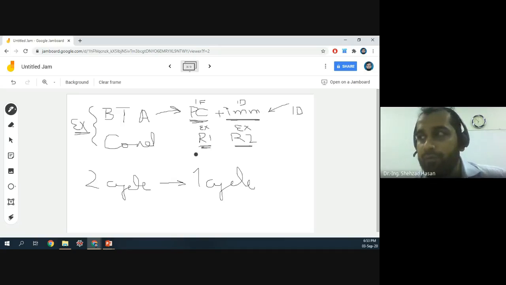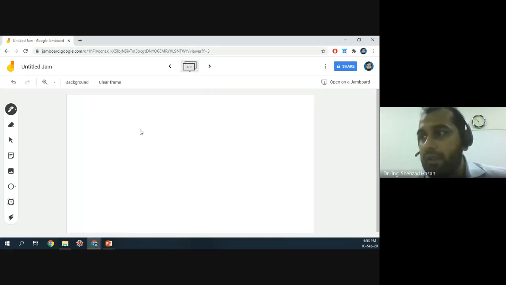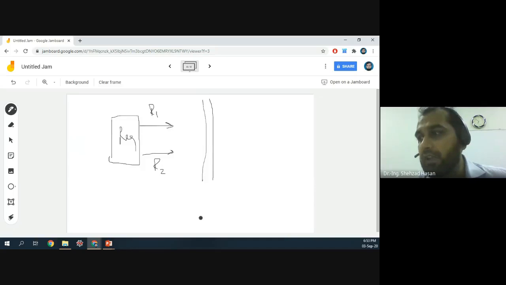Now, what we can do is I'm going to just draw out the decode stage. So let's say this is a register file which is going to provide us with two different contents, R1 and R2, and these contents are going to be stored in a pipeline register, which is the ID/EX pipeline register, because this stage is the decode stage and this stage is the execution stage.